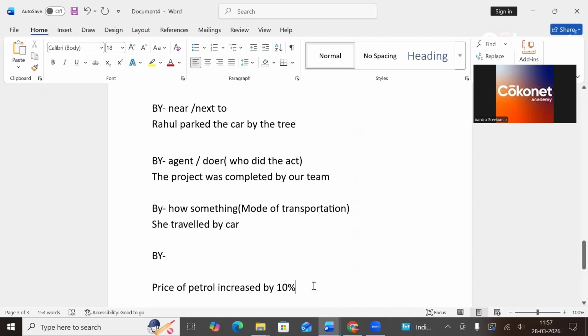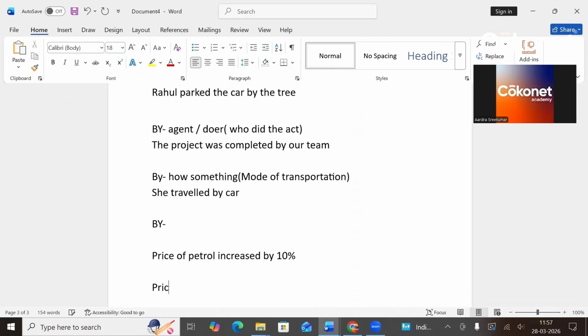Or say the price of gold, how much is it getting decreased? By a huge percentage, right? So the price of gold decreased by say 30%. So here what is happening?